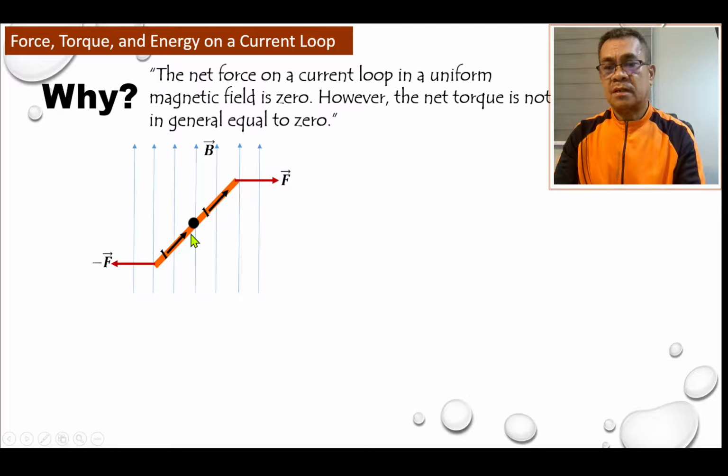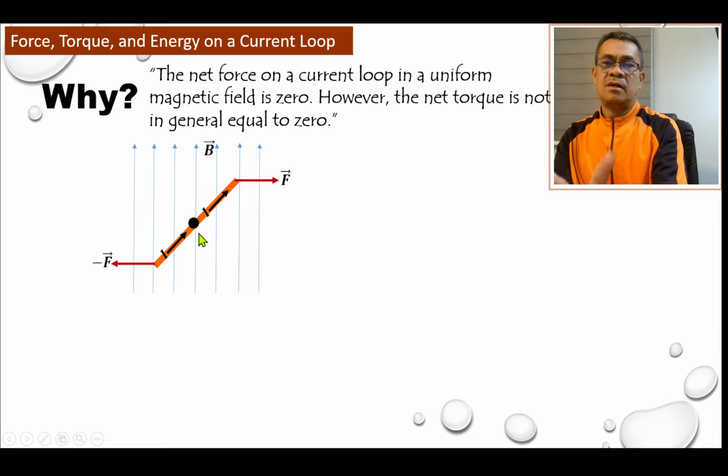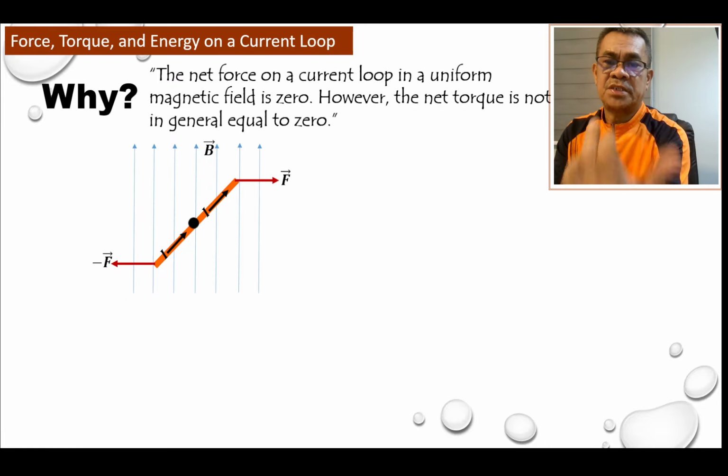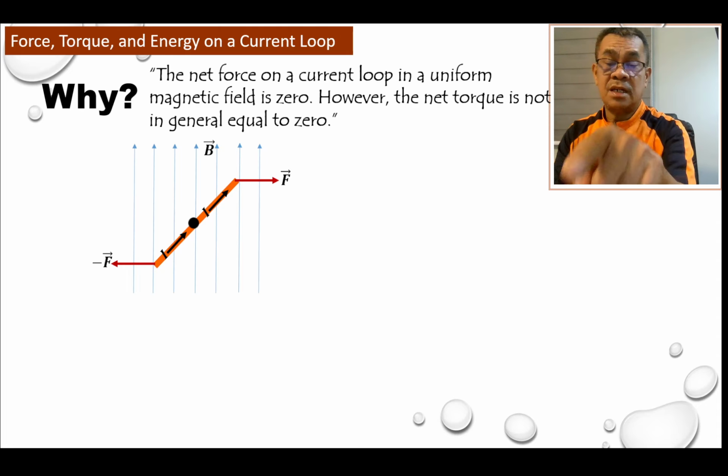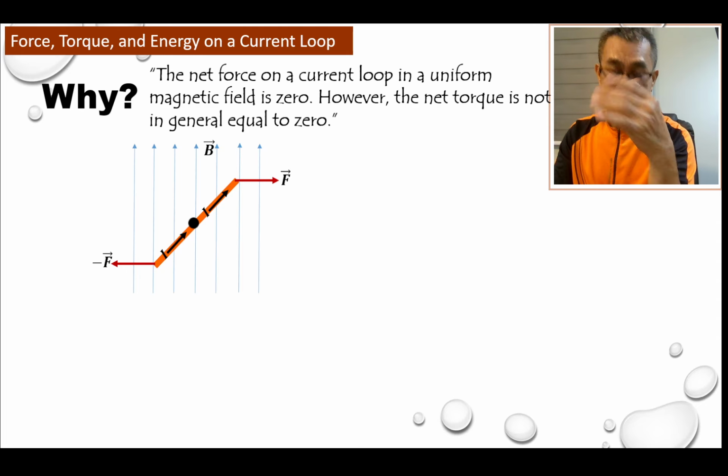Now, what about this segment? This segment also experiences a force, which is out of the plane. This point signifies out of the plane. Then on the opposite side, it is inward to the plane.